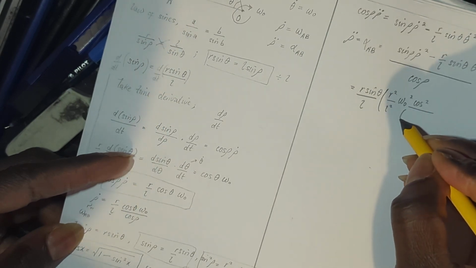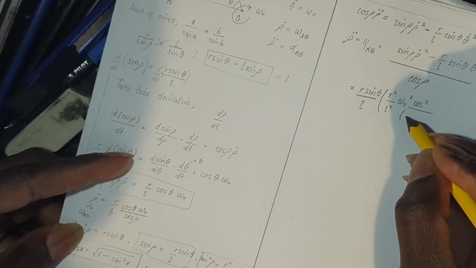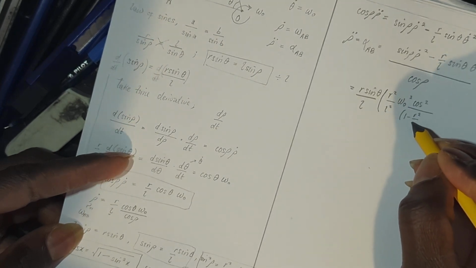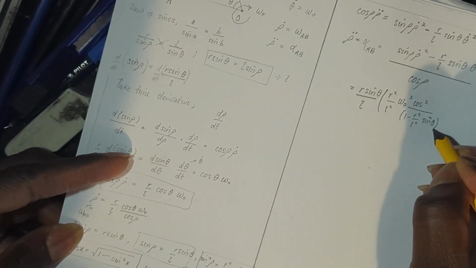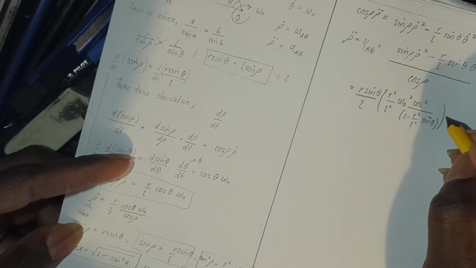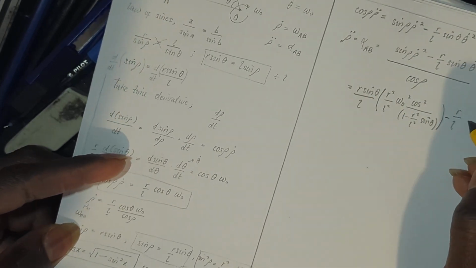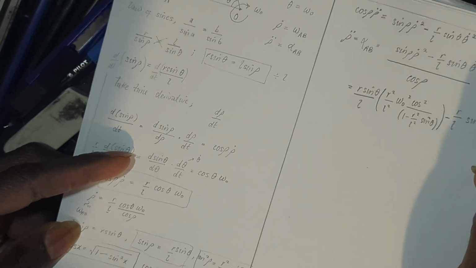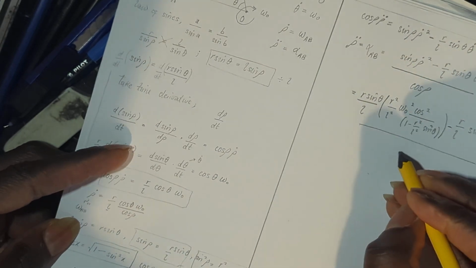This whole thing in the square root, which is 1 minus r squared over L squared sine squared theta. I shouldn't have written all that in its full form, because that's not being used. I'll substitute this with a variable. So we have sine theta. Now, theta dot squared is omega naught squared. And now our life is made easier.